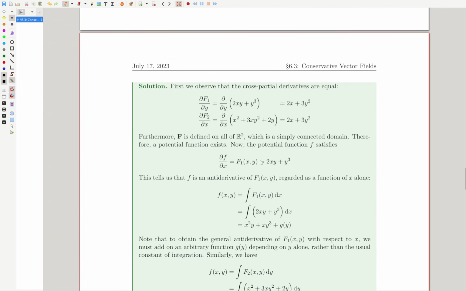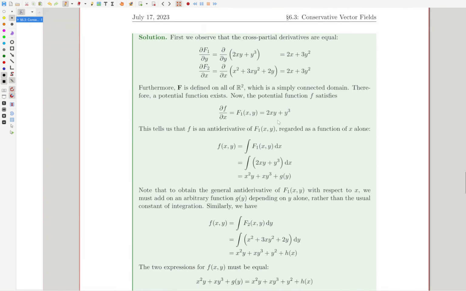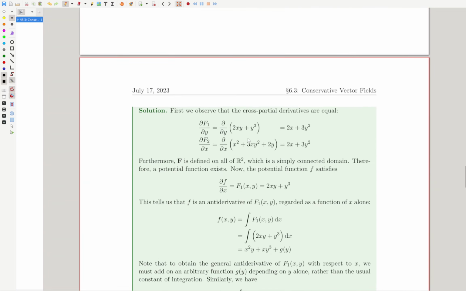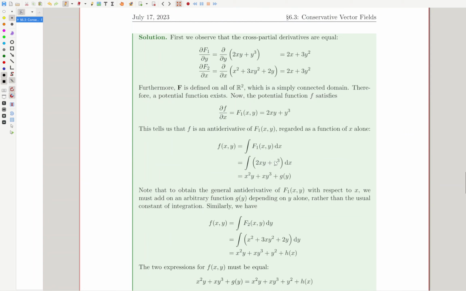Firstly, we integrate f sub 1 with respect to x, which will give you this. Notice that what I have here is the constant of integration, and it's not just a number, not just c, but actually a function of y.